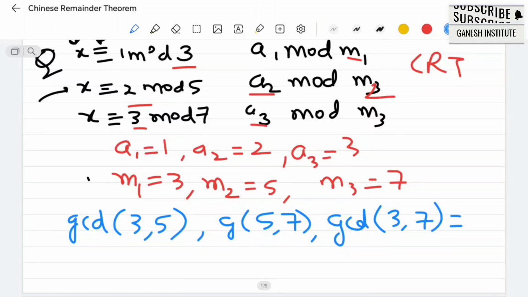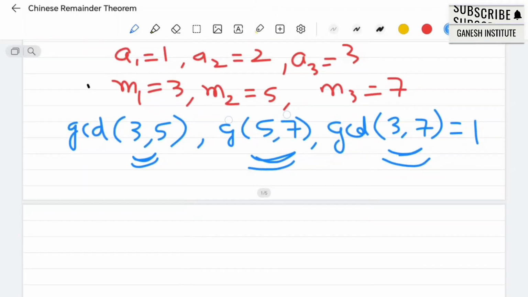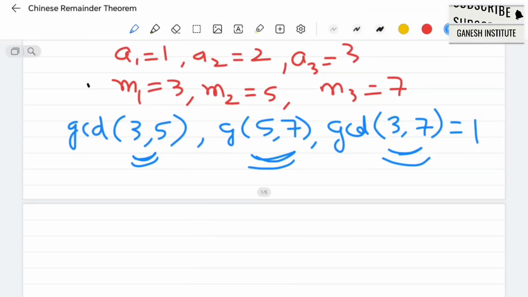Their HCF should be 1. So there should be nothing common apart from 1 in these pairs. Yes, we can see that nothing is common in 3, 5 except 1. Nothing is common in 5 and 7 except 1. Nothing is common in 3 and 7 as well except 1, right? So we can apply our CRT, okay?